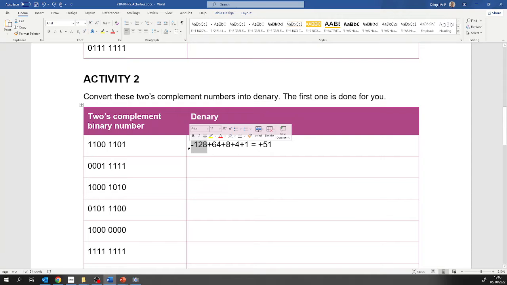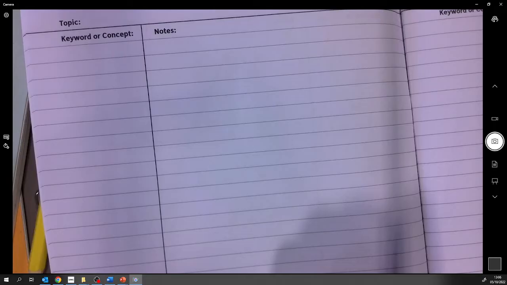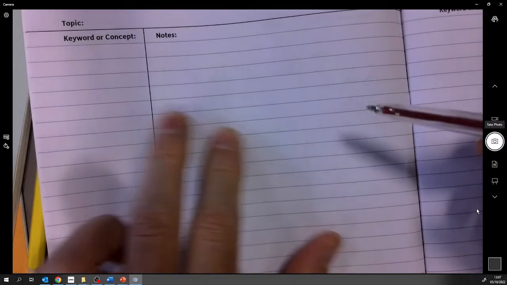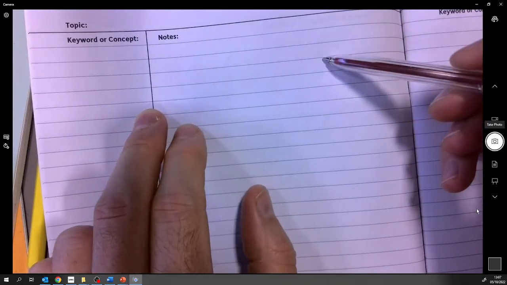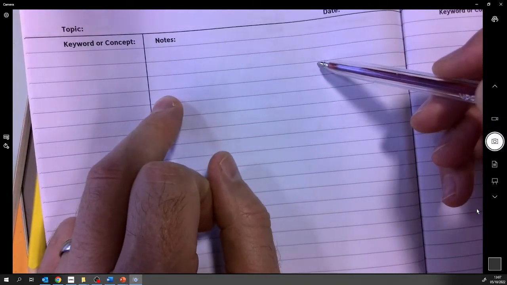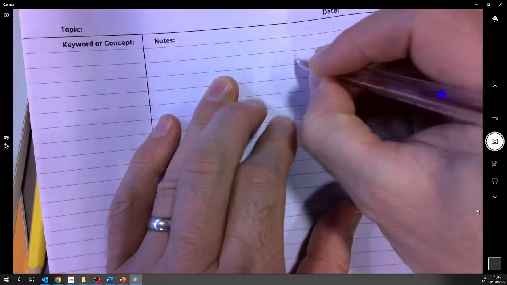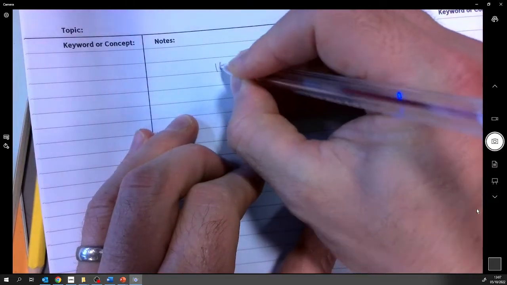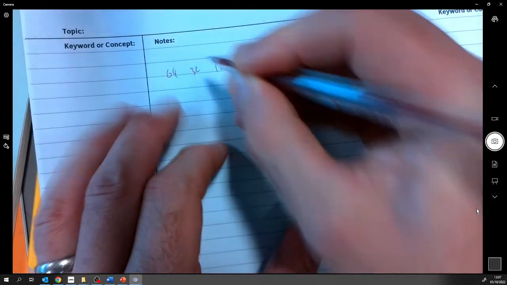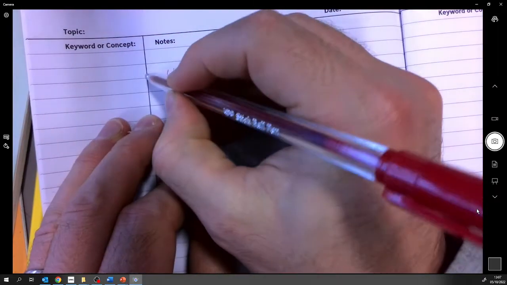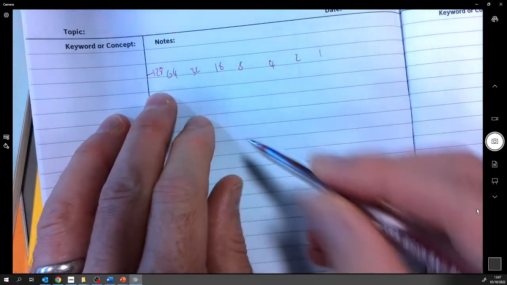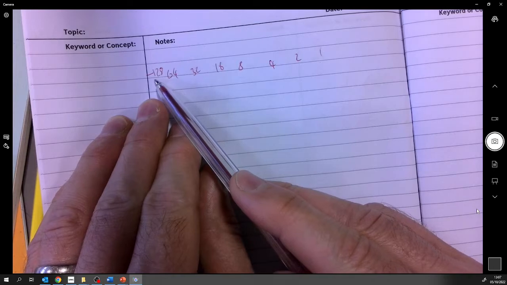And that is the only change for 2's complement. And that one change is magical because it fixes both problems. Let's remind ourselves what those problems were. First problem was that it didn't work with maths, and it will work with maths. We'll prove it later. But 1, 2, 4, 8, 16, 32, 64, that's all the same. The only difference with 2's complement is the most significant bit is just negative.